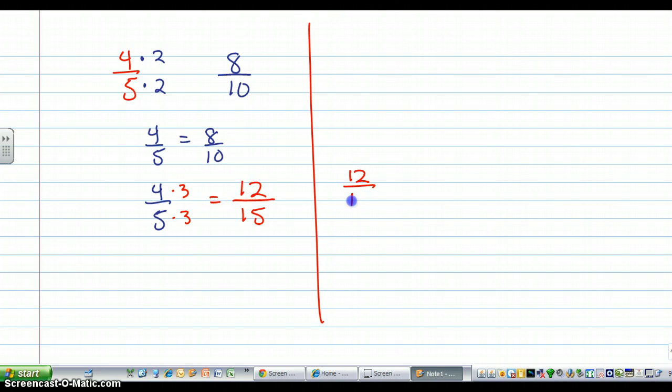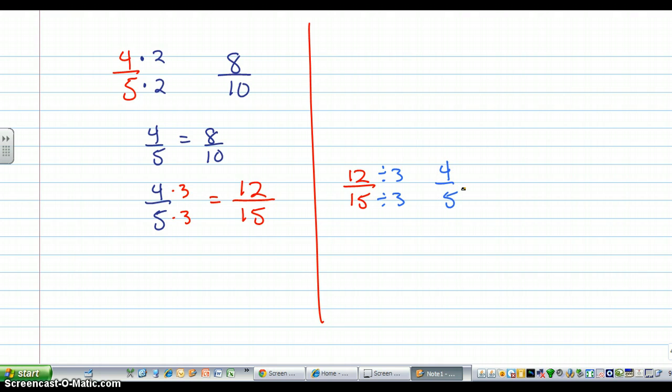12 fifteenths, if I divide the numerator and the denominator by the same number, I'm going to make an equivalent fraction, but this time I'm turning it into lowest terms. So if I divide 12 divided by 3, 15 divided by 3, I get 4 fifths.